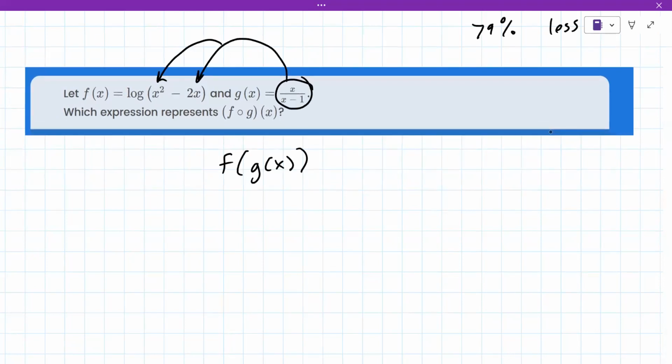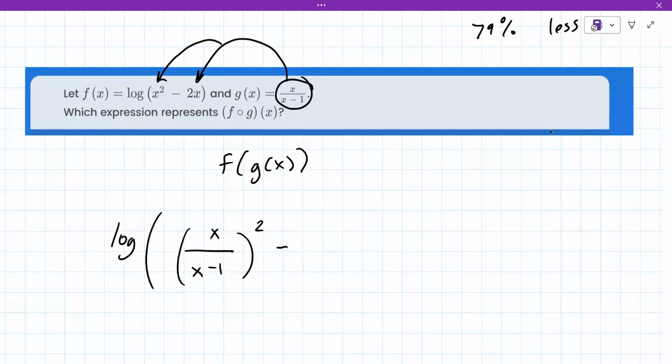So it looks like this: log x over x minus 1 squared minus 2 times x over x minus 1. Notice I just put that expression in here for x.